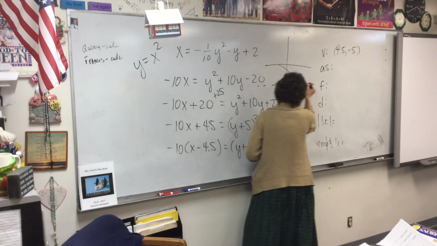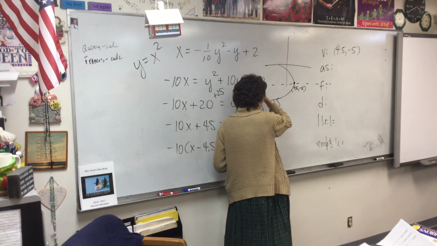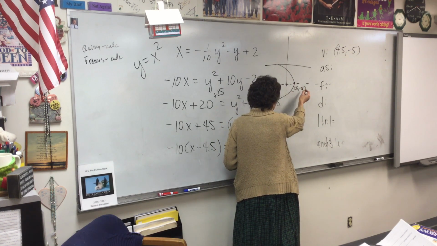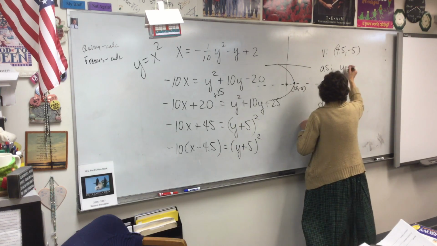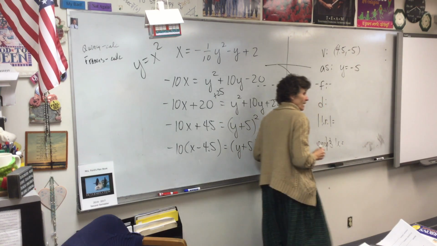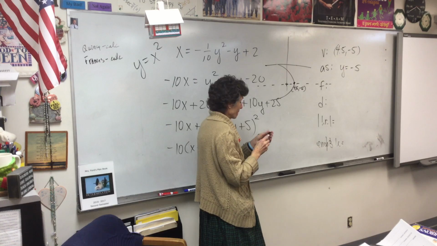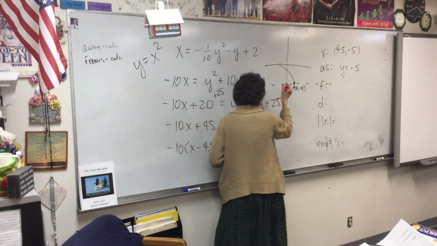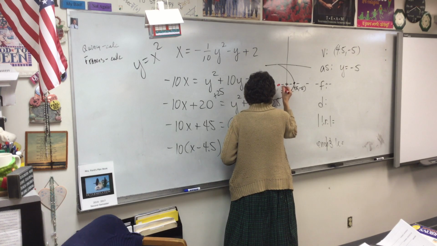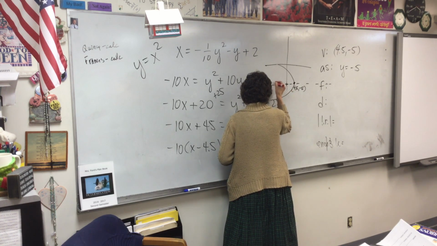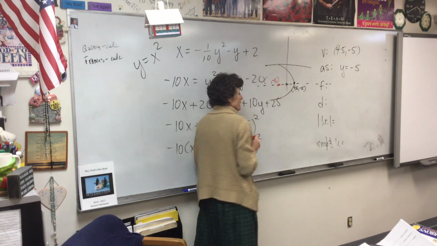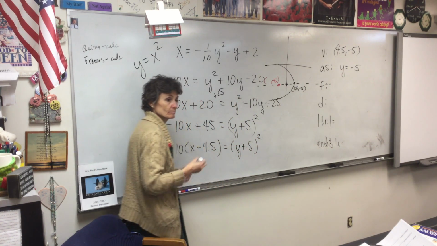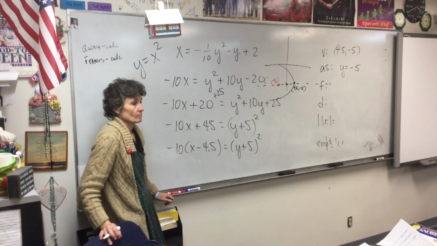Which means this is my axis of symmetry, which intersects the y-axis at -5, so it's y equals -5. That makes sense. Every point on that dotted line has a y that's -5, including the focus. Right?